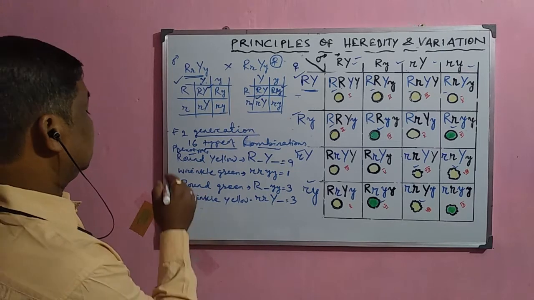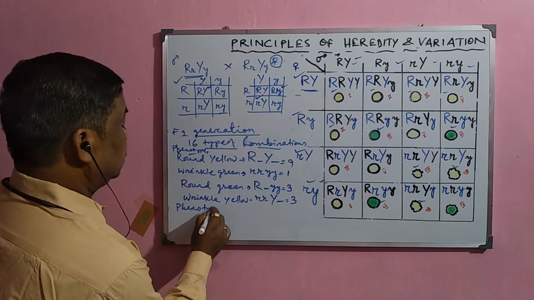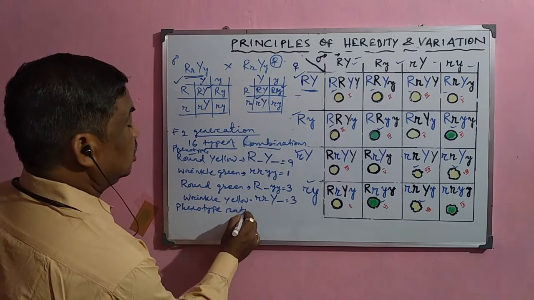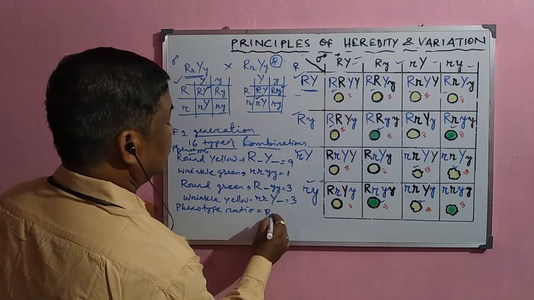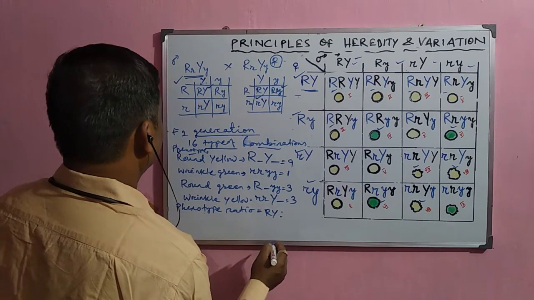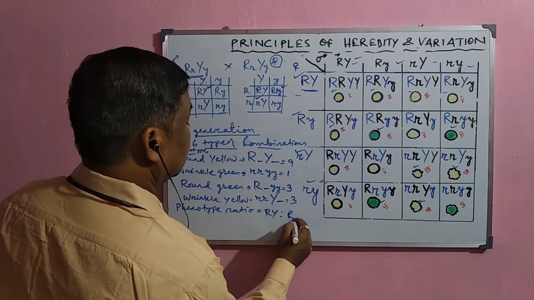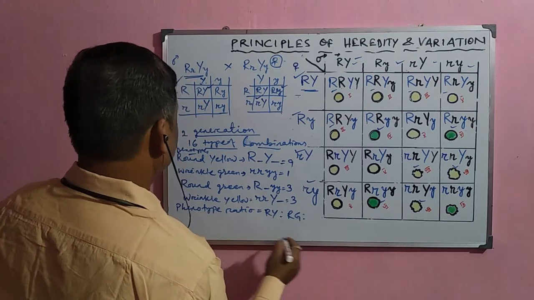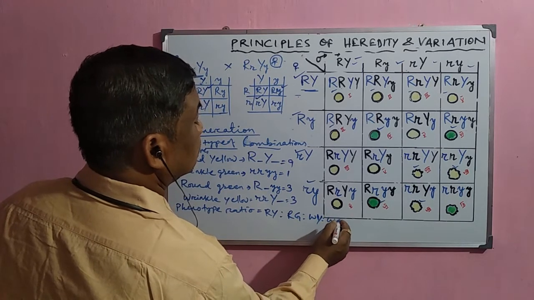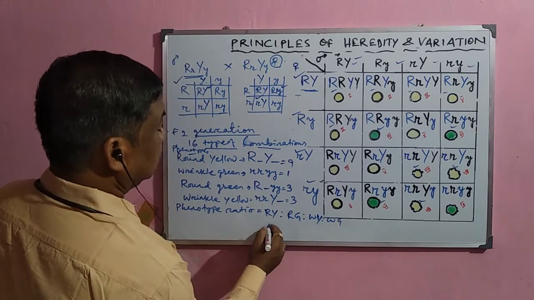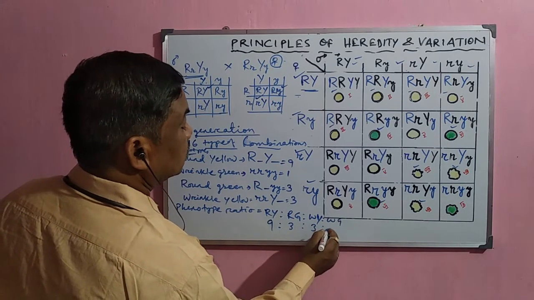Now this ratio is called the phenotype ratio. The phenotype ratio of round yellow to round green to wrinkled yellow to wrinkled green is 9 to 3 to 3 to 1.